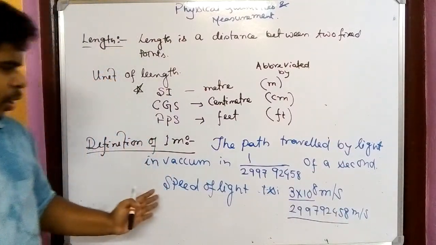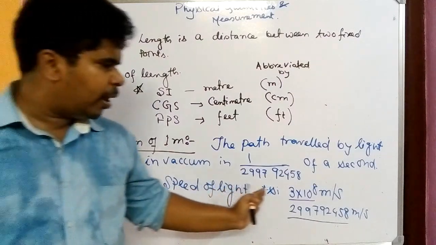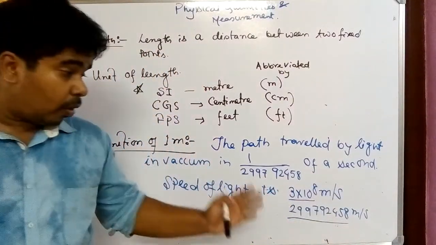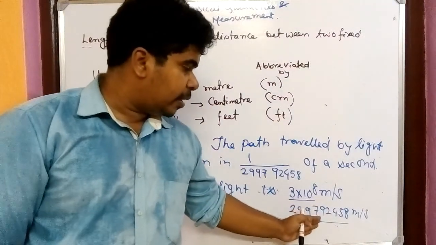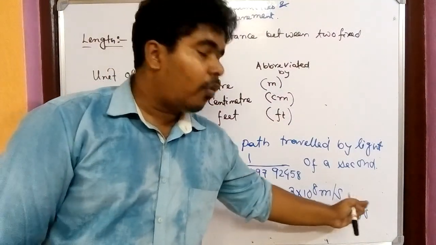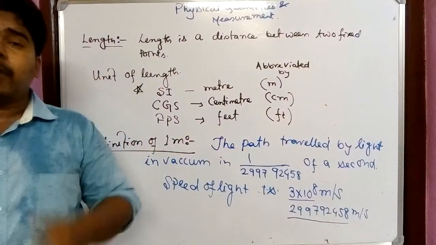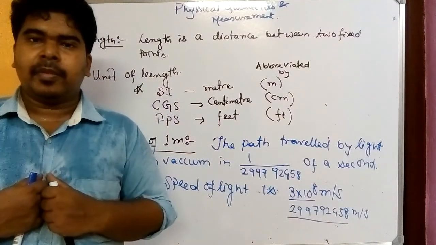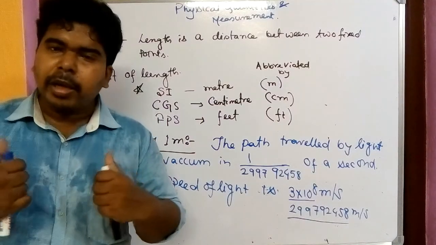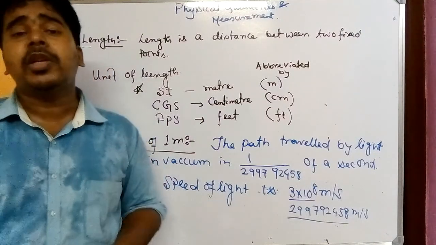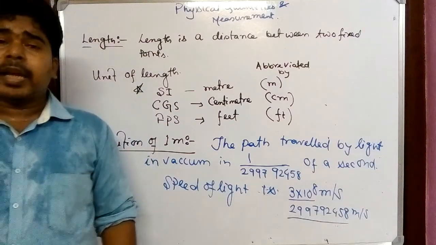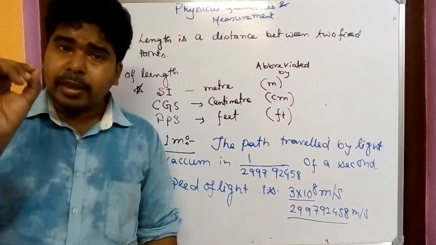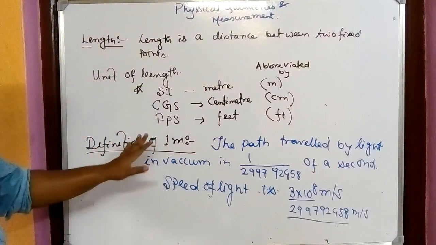The reason is that the speed of light is 3 into 10 to the power 8 meter per second, or 29 crore 97 lakh 92,458 meter per second. That is not taken by me. It is the maximum speed of light, taken by scientist Einstein. And by that only we have defined 1 meter.